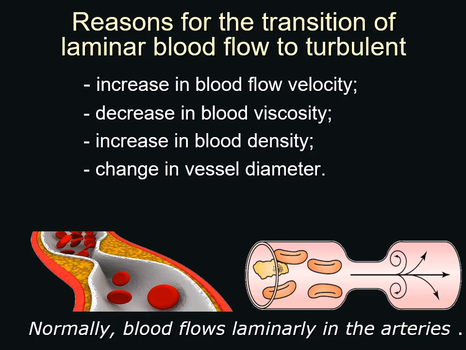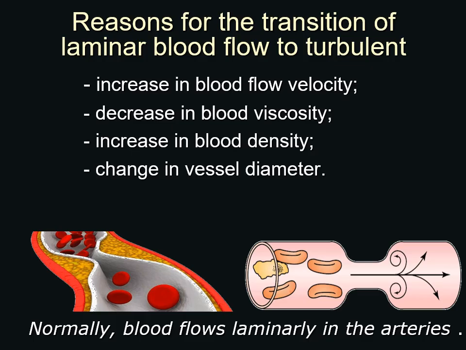Or, for example, with an increase in body temperature, the blood moves at a higher speed, the viscosity decreases, and transitions from a laminar flow to a turbulent one become more likely. As a result, again, the load on cardiac activity may increase.